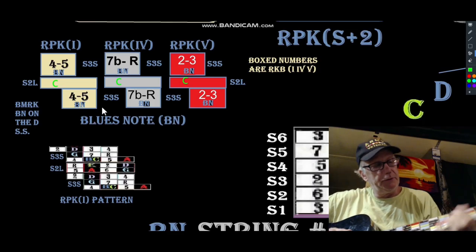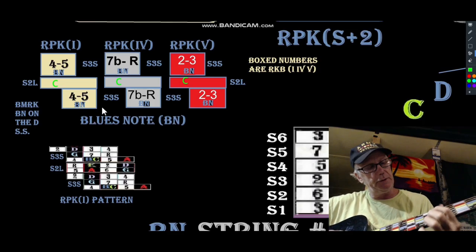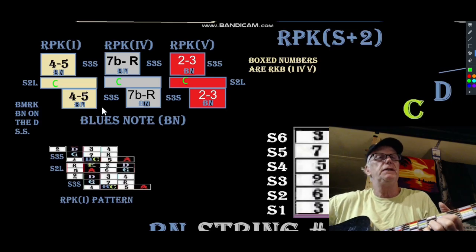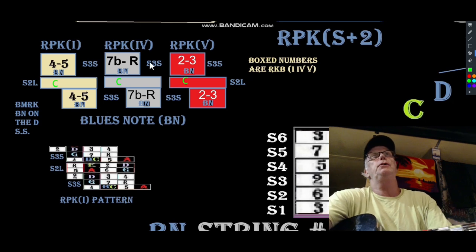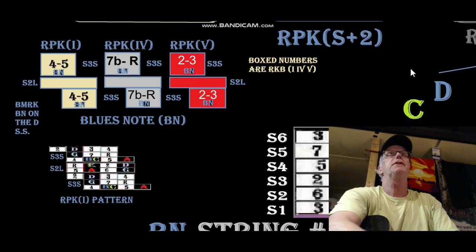What we were doing, that 1 4 5 we were doing, that's if we're in the key of the blues. So what is the D shape, the key of the blues? What key of the blues is the D shape? Okay, let's exit.